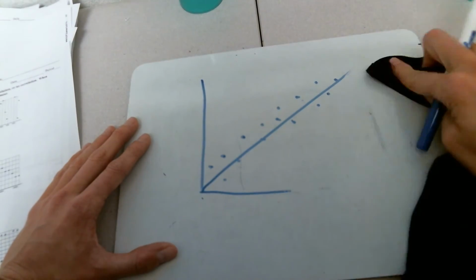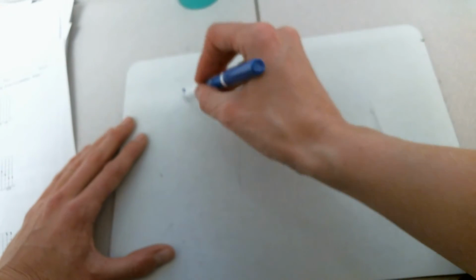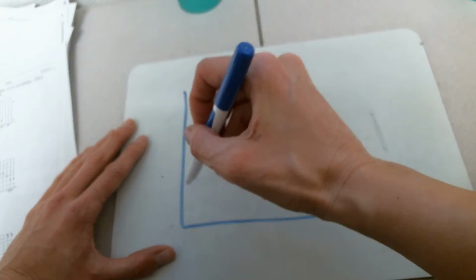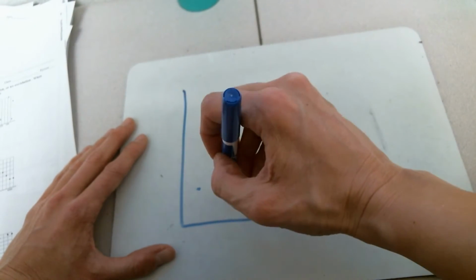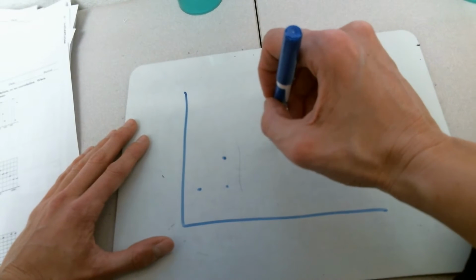Okay. We can also have nonlinear correlations, meaning that there's a general trend going on, but it doesn't really make a line.